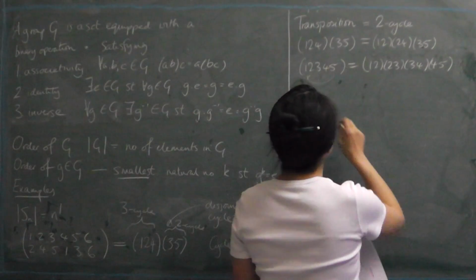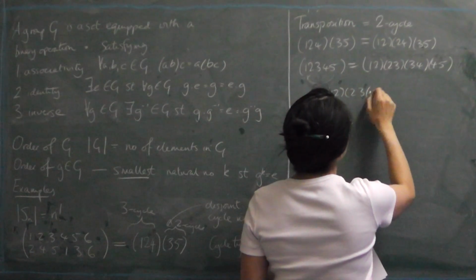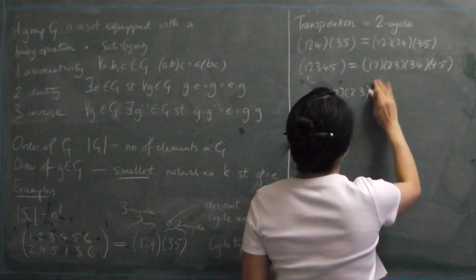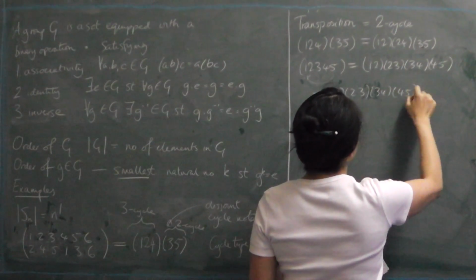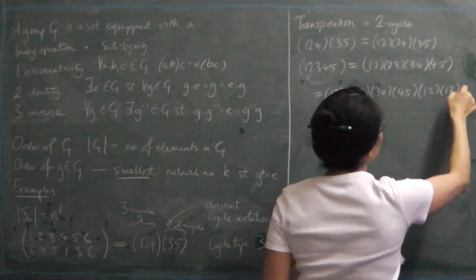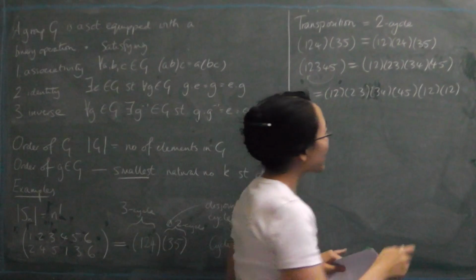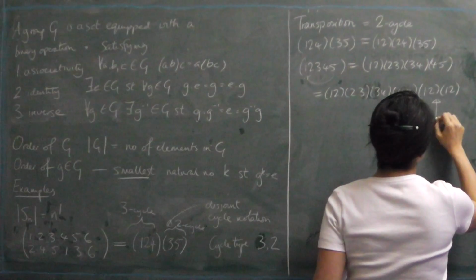But here's something really stupid you could do. You could have done (1 2)(2 3)(3 4)(4 5). Then we could have done (1 2)(1 2). And you know what that is? That is a moment of futility.